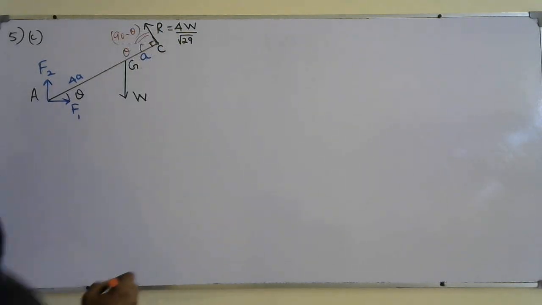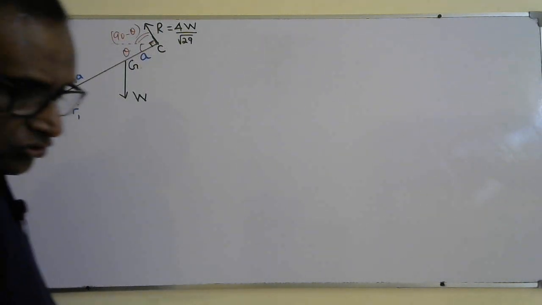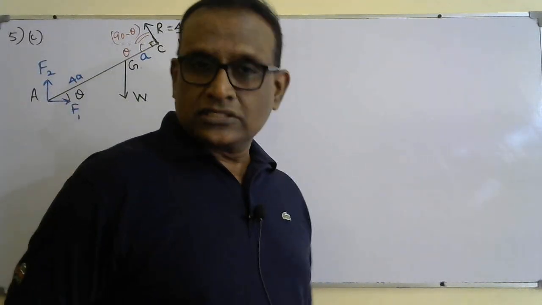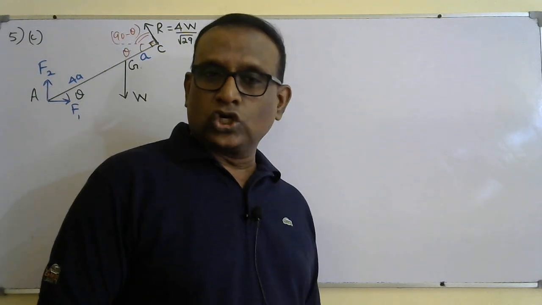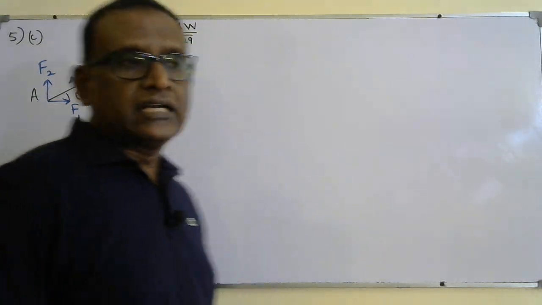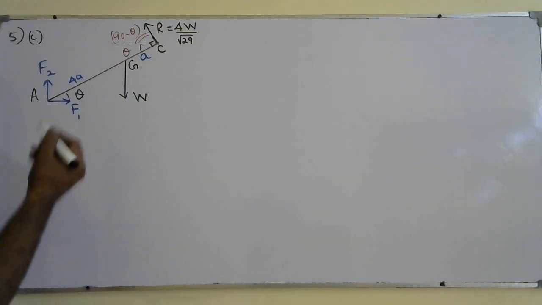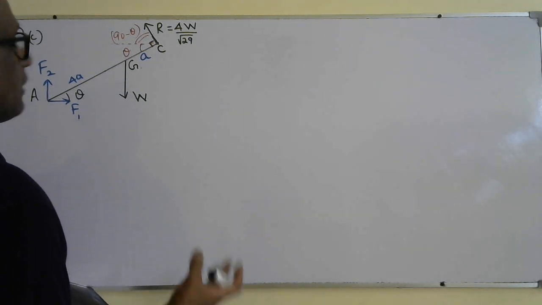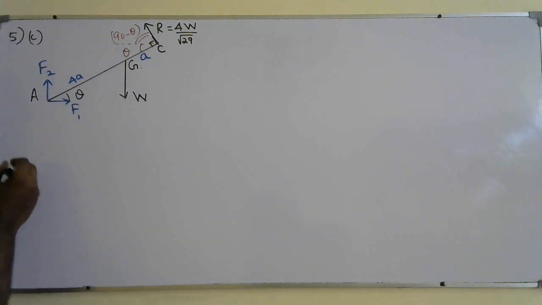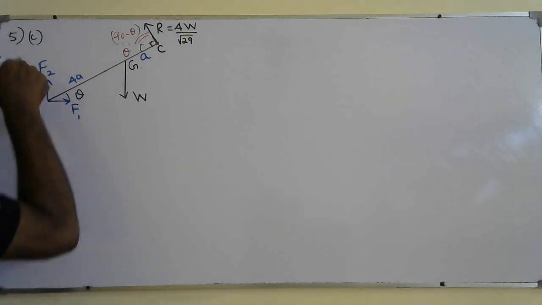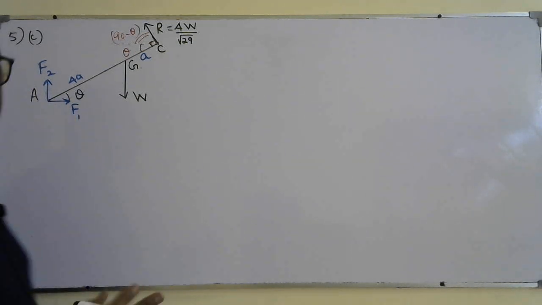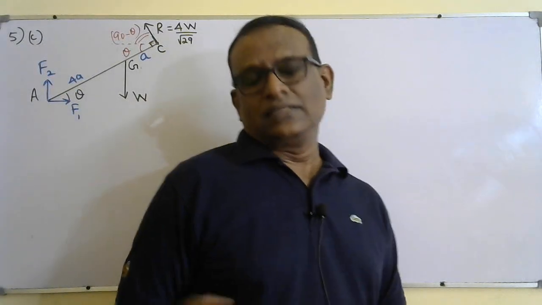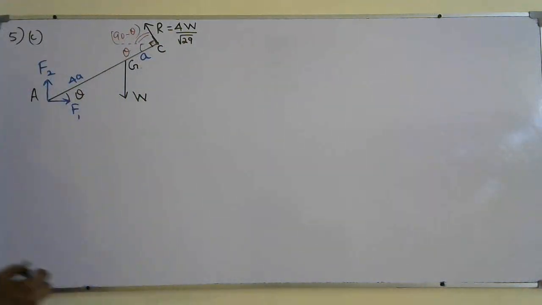We will resolve all the forces horizontally and vertically because the rod is in equilibrium. The horizontal component must be equal to 0, and the vertical component must be equal to 0. If you want, you can take moments also, but I feel it's easier to take horizontal and vertical components. If you take moments, one equation will have both F1 and F2. I don't want that. You can, no problem, but for simplicity, I'm taking horizontal and vertical separately.